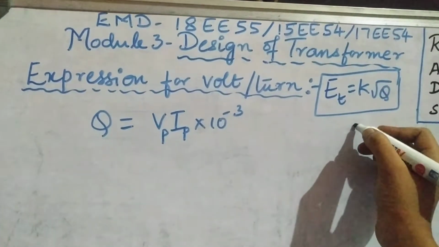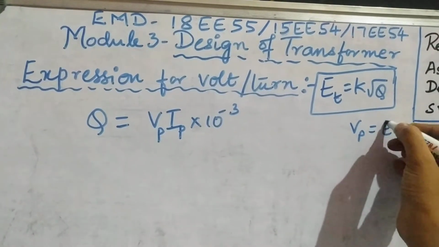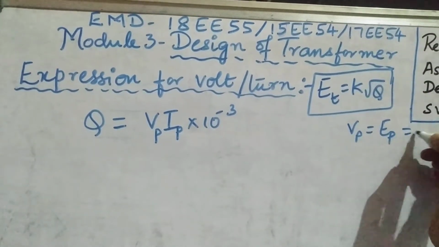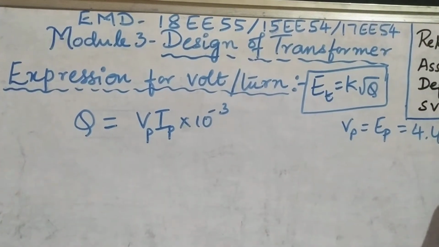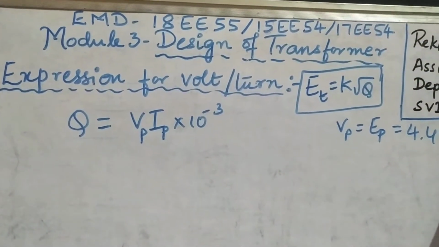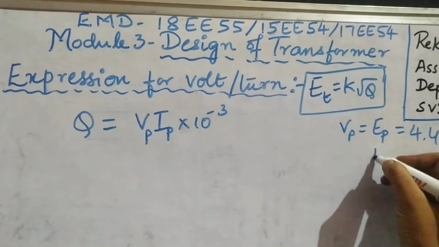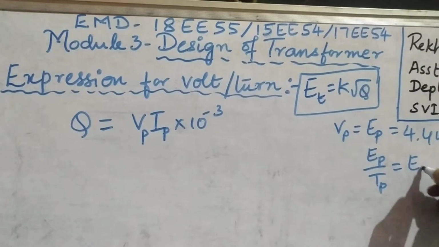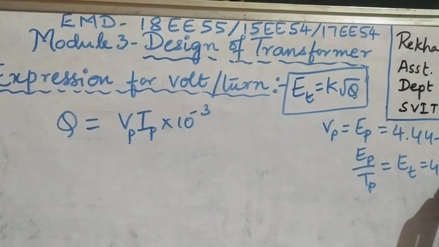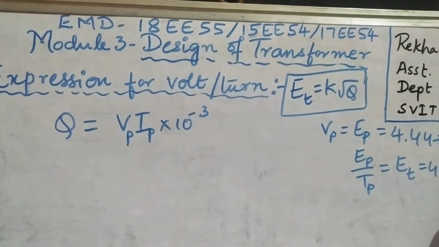Let me assume that Vp is equal to Ep, and Ep is equal to 4.44 F into psi m into Tp. So we know that Ep by Tp is nothing but the EMF per turn, which is equal to 4.44 F into psi m.